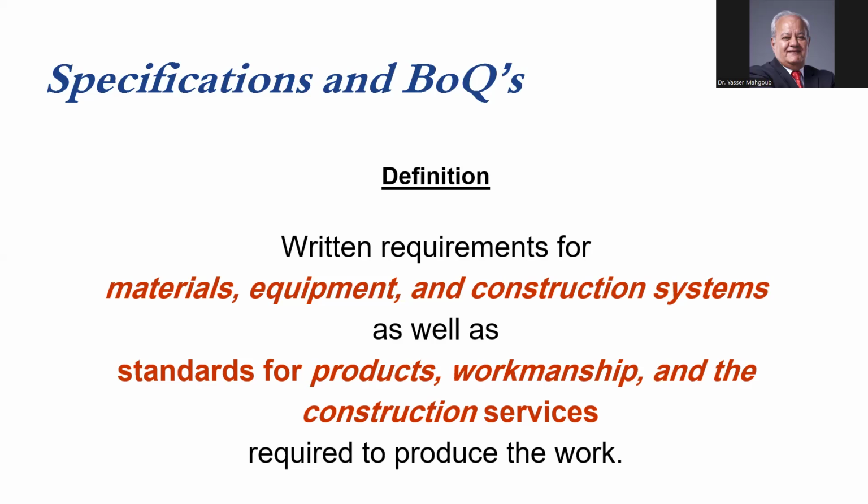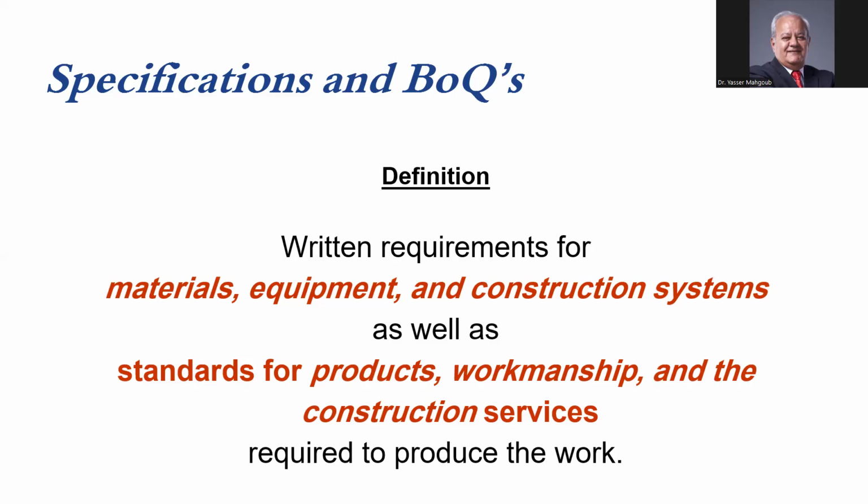The drawings show the dimensions. Dimensions are given in the drawings, along with locations, but the specifications are the ones that tell about the materials, the equipment, the construction systems, as well as the standards for products, workmanship, and construction services required for the work.